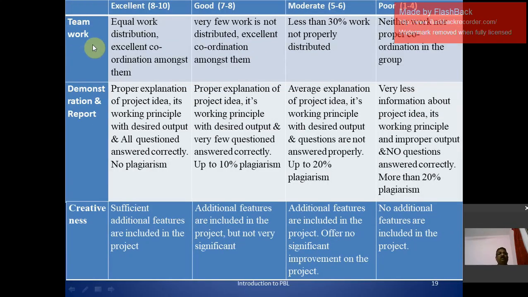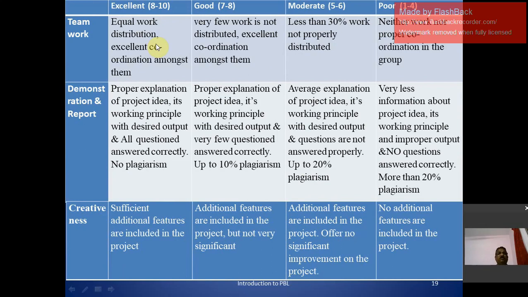Then teamwork is for 10 marks, demonstration and report is for 10 marks, and creativity is for 5 marks. I have not mentioned it here, but creativity or creativeness is for 5 marks. So the total is 50.